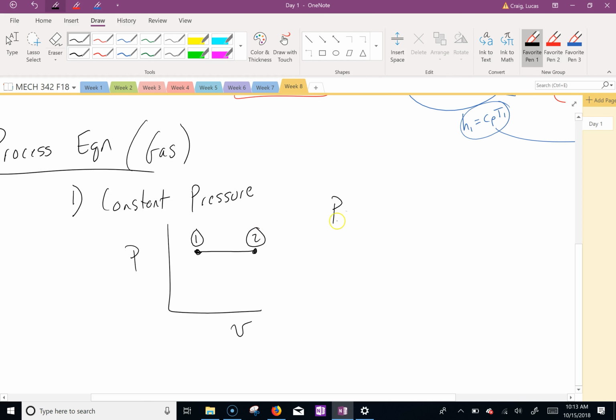If I write the ideal gas law for each state, and I say it's a constant pressure process, that means P1 equals P2.